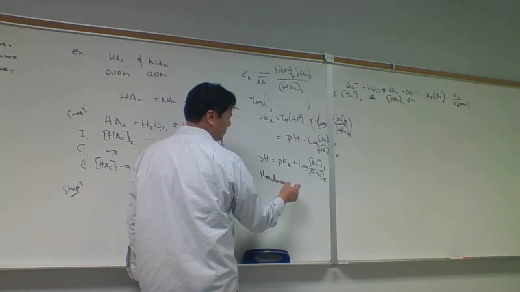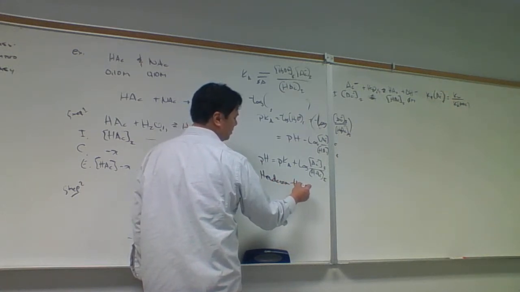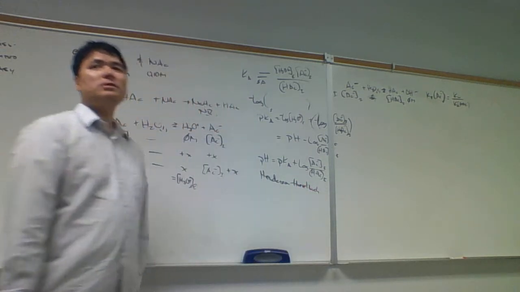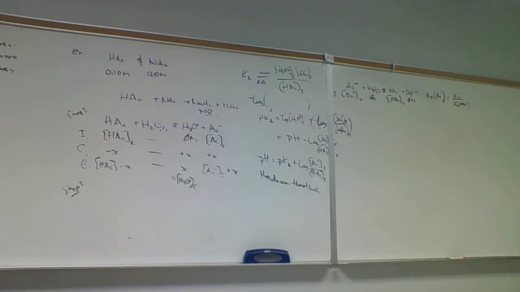There are two assumptions that we made. One assumption is that the simplifying assumption works. What's the other assumption that I made? So I made two assumptions in the Henderson-Hasselbalch equation. One assumption was that the simplifying assumption works.